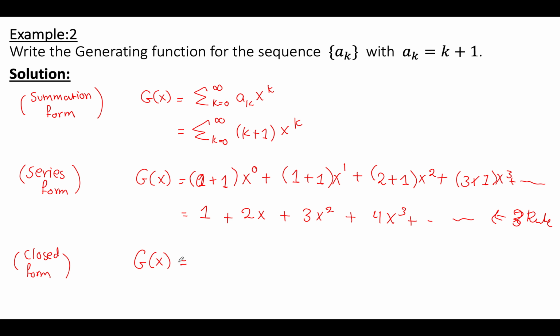If you go back to the rules, we can see that we have 1, 2, 3, 4 with plus signs, and x to the power 1, x to the power 2, x to the power 3, then it is (1 minus x) to the power minus 2. So the closed form is also equal to 1 over (1 minus x) to the power 2.